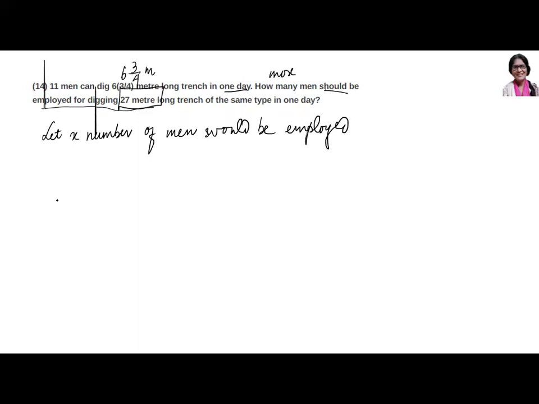Then we'll write the variables. One is number of men. Then length of trench in meter.